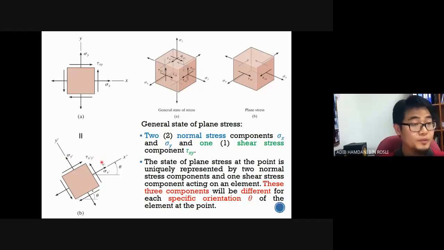Tau x prime y prime won't be the same. But the state is the same. They are equivalent states, right? Later on you will see why this is important. So from this slide, the most important thing is that you realize this element can be rotated with angle theta, right? Why you want to rotate, you will see later on.